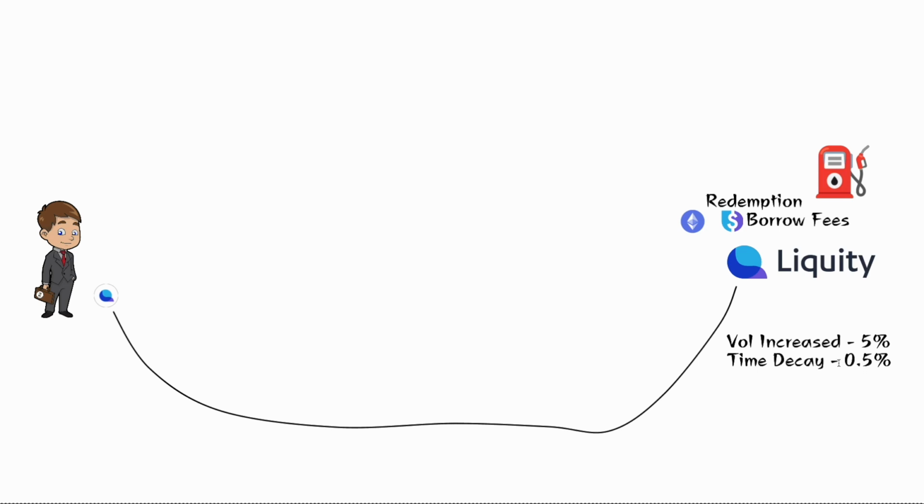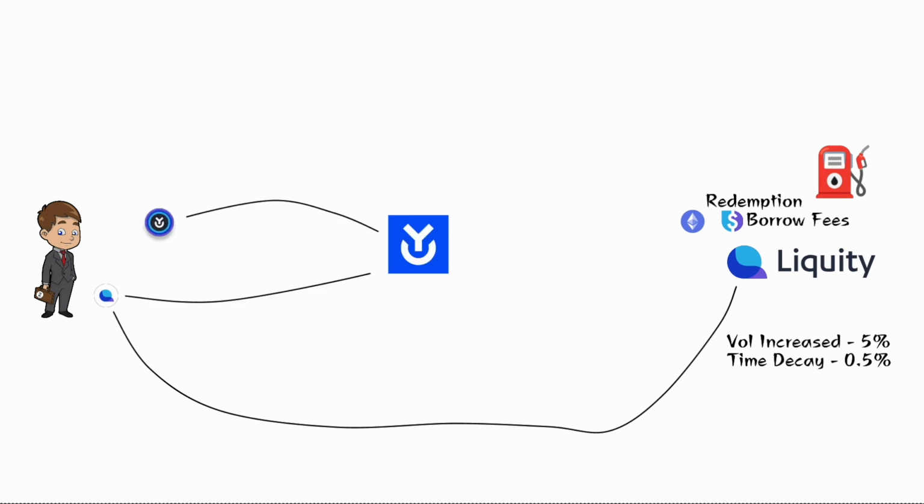There are some edge cases where this can get lower, but let's just stick with that for now. So the APY of this LQTY staking is not 5 to 0.5%, but you do know that when you stake these, you're getting paid in a stablecoin and ETH, and that ETH is coming from borrowing and redemption based on the volume. Okay, now like I said, I have a video that explains it all very clearly if you want to dig deeper into that.